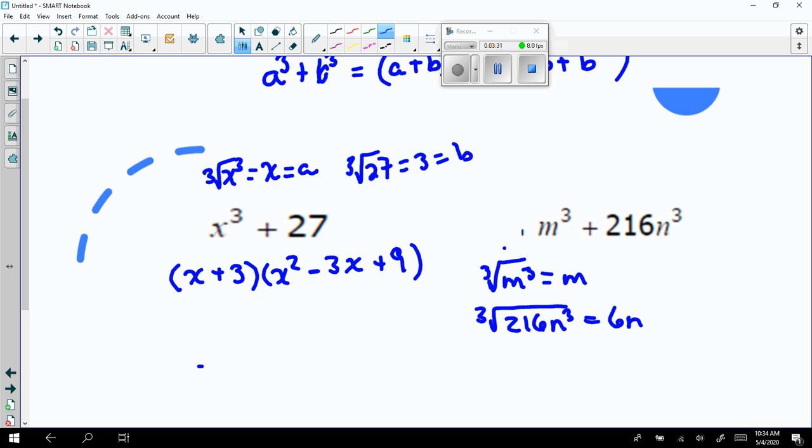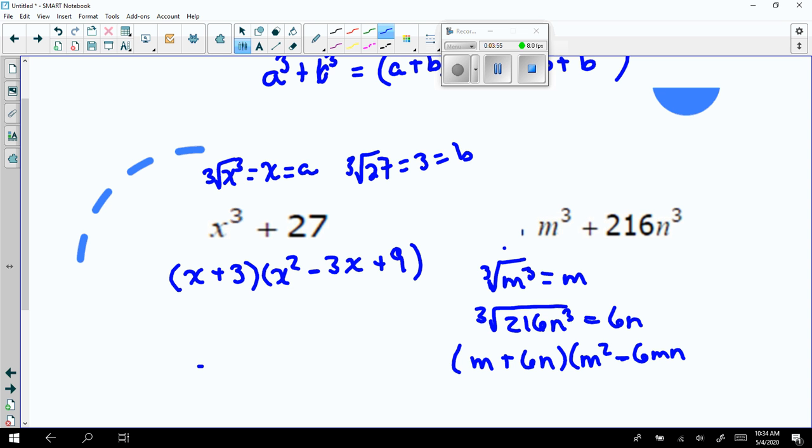So following the pattern, I do m plus 6n. Remember, this one always matches the sign in the original binomial. Then I square the first term, m squared, and then I subtract m times 6n, so it's going to be 6mn.